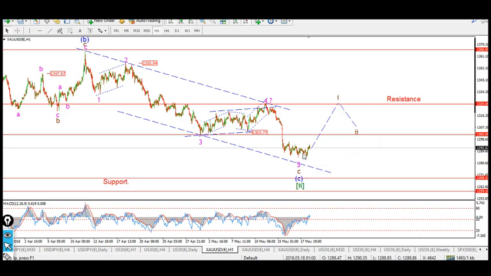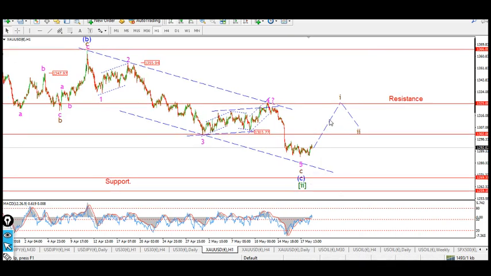So again, in order to be the most sure of a turn, we would like to see a 5-wave rally followed by a 3-wave decline in a second wave. At that point, you would have a bullish Elliott wave signal in place.